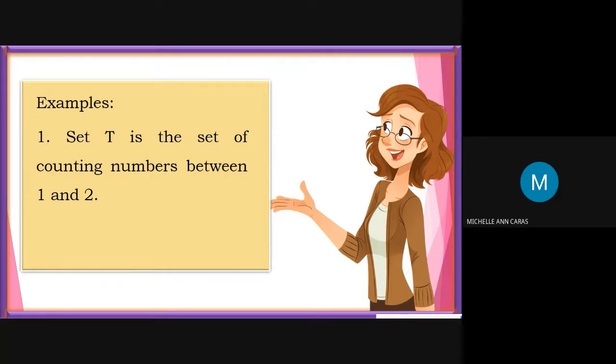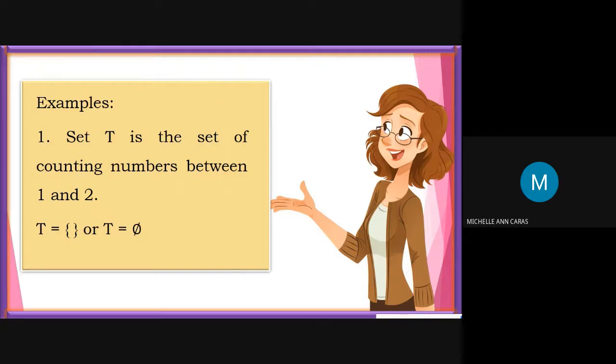We all know that's the counting numbers. So, ang counting numbers natin start with 1 followed by 2, 3, 4, 5, 6, and so on. Kung tanawon na natin, wala daw sang counting numbers nga ara sa tunga sang 1 kag 2. Therefore, ang value sang set T is an empty set or a null set.